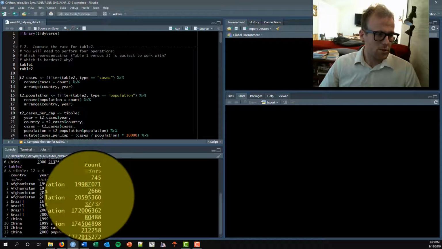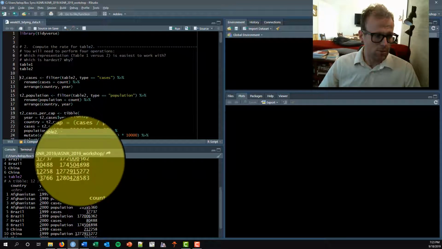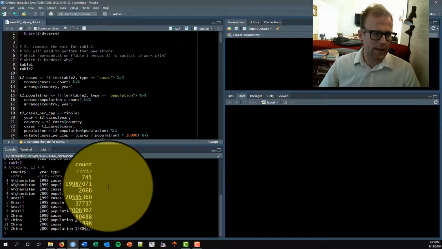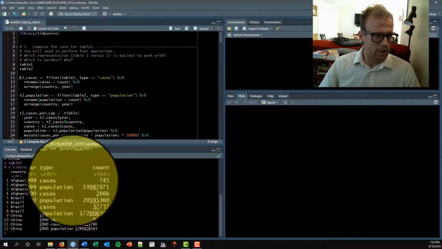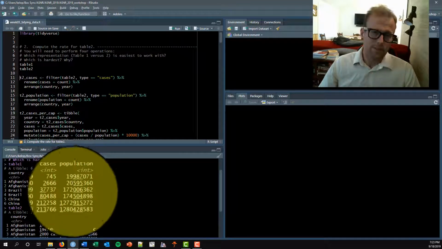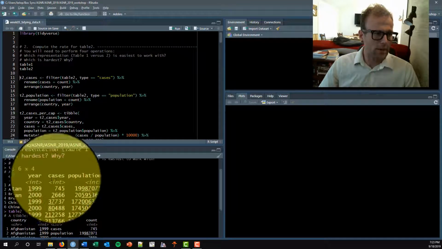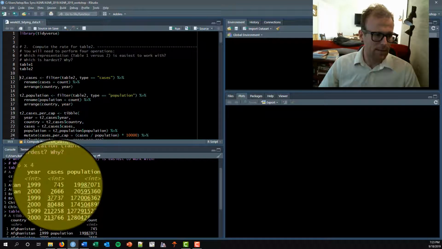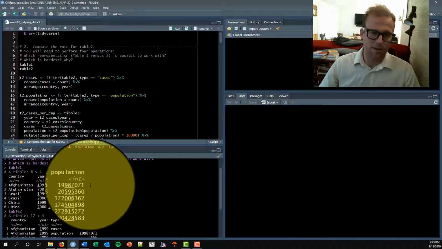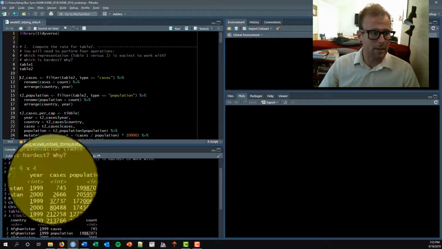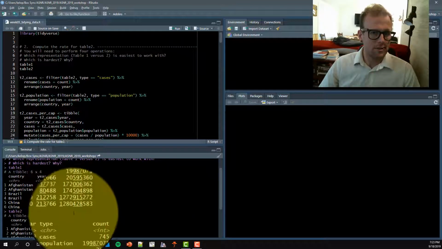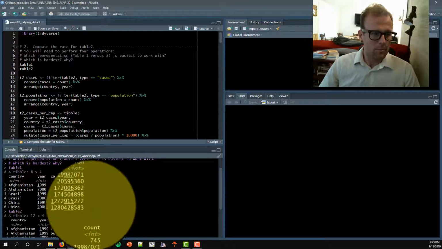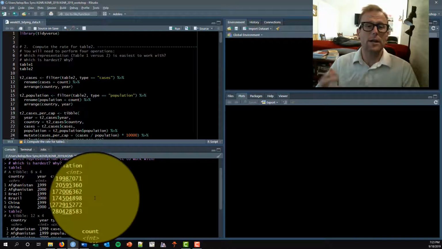So in order to do that, we're going to start with table 2, and we're going to think about how to calculate the rate variable. In table 1, it's probably relatively straightforward. I would take my cases column, divide it by my population column, multiply that by 10,000, and I will get the incidence rate per 10,000 people.